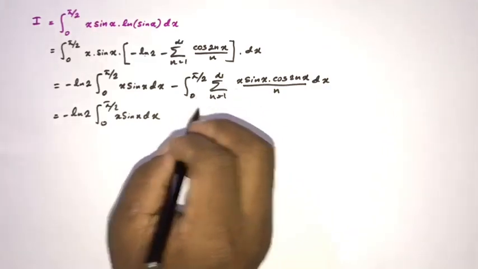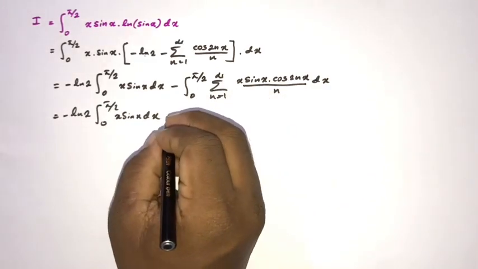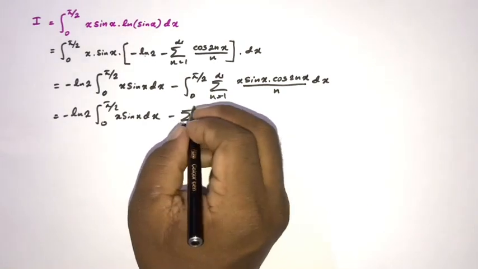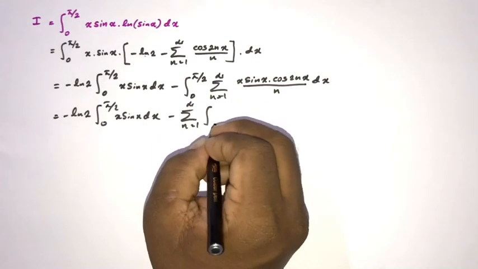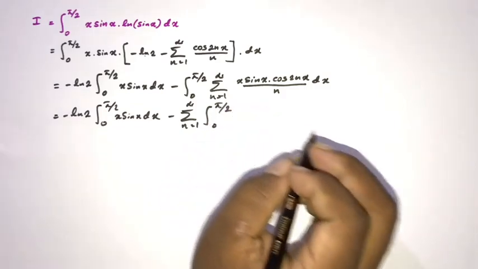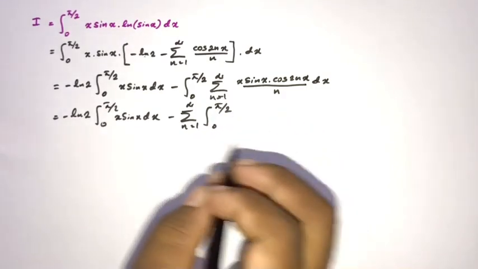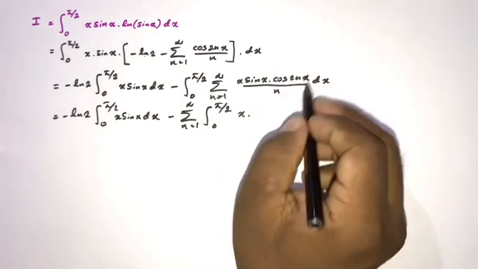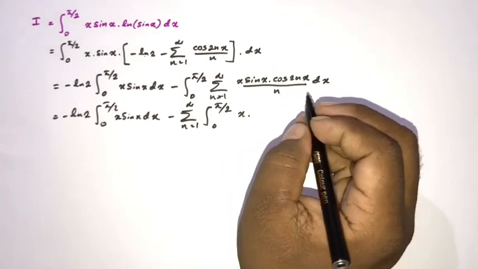Then minus natural log of 2, I'm going to rewrite this integral, x times sine of x dx. According to Fubini's theorem we can interchange the integral sign and the sigma notation: sum n equals 1 to infinity, integral from 0 to pi over 2 of x times sine of x cosine of 2nx, so we can use a trigonometric formula.